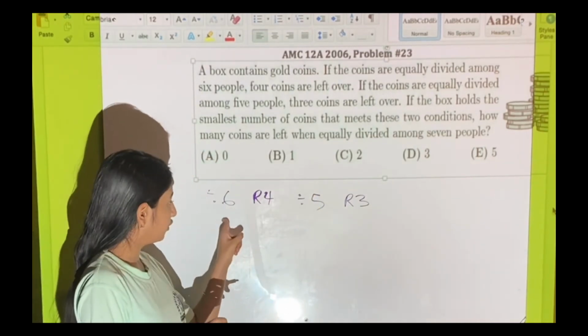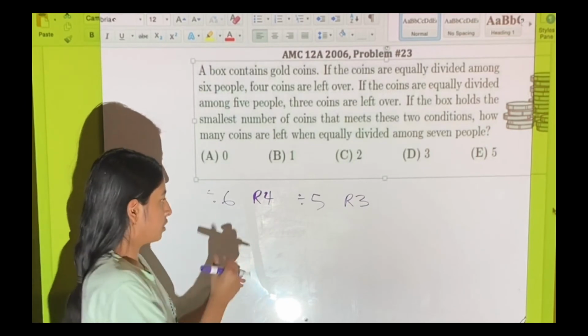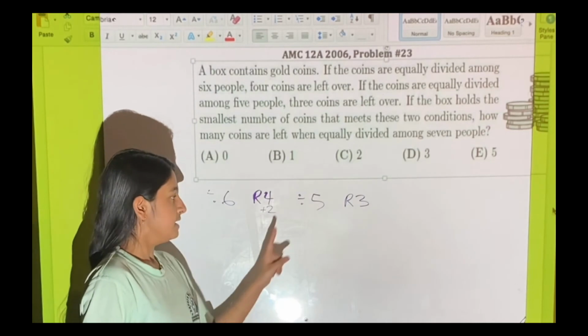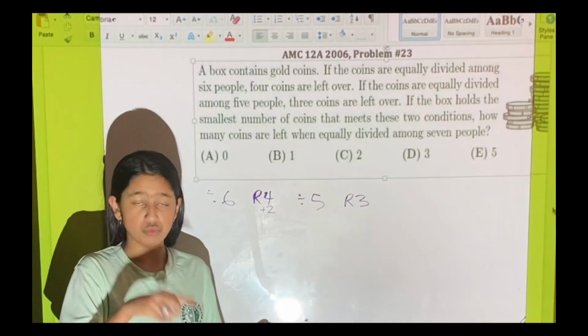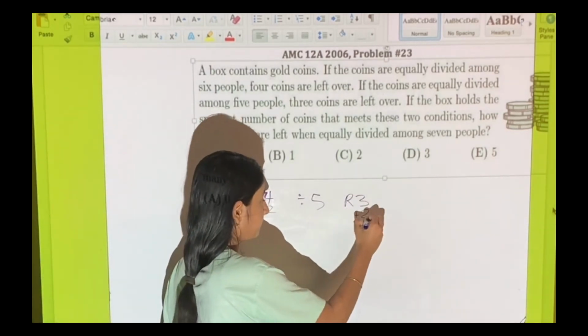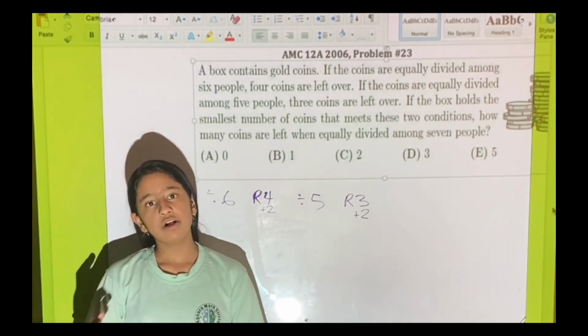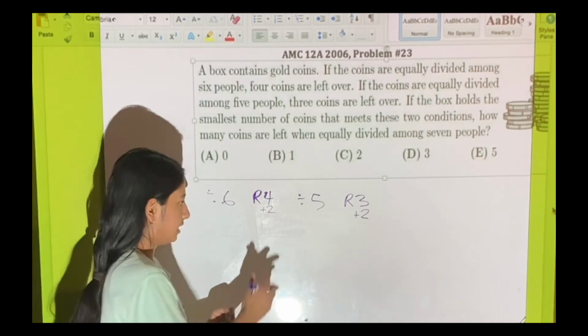So over here, when divided by 6, remainder 4. That means you need to add 2 to make this totally divisible by 6. Same here. Divide by 5, remainder 3, add 2. So now we're going to find the LCM of 6 and 5. As we all know, the LCM of 6 and 5 is 30.